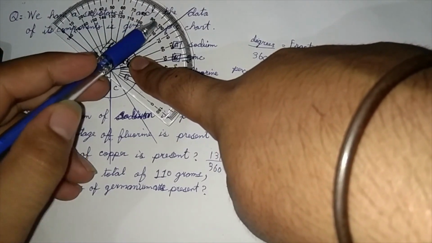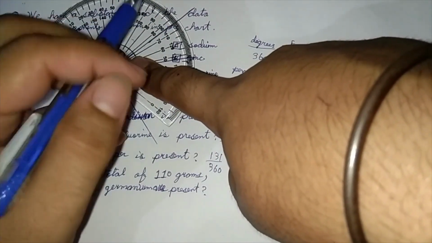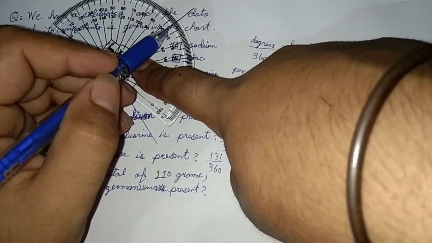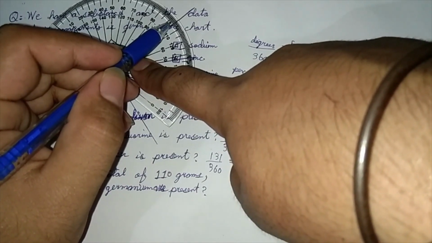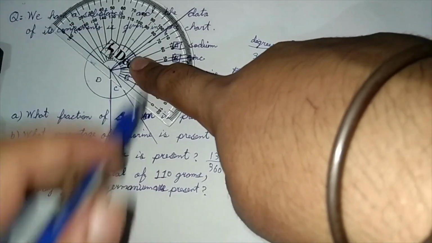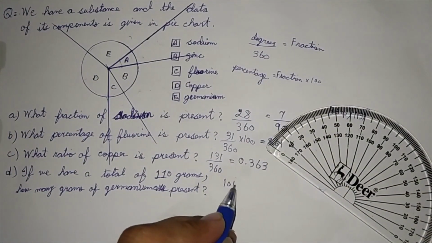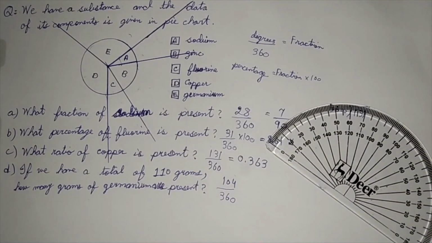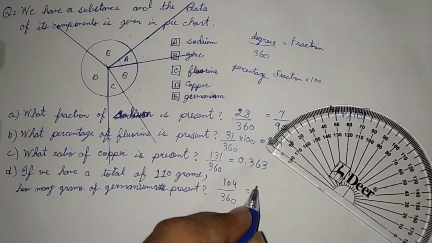You can see here we have 90, here we have 100, and here we have approximately 104 degrees. You can see 100, 101, 102, 103, and 104 degrees. Now I will divide this by 360.